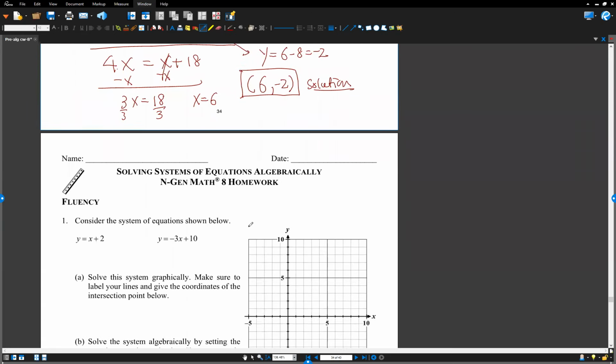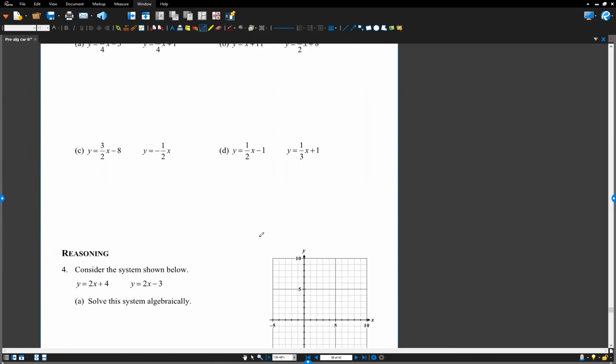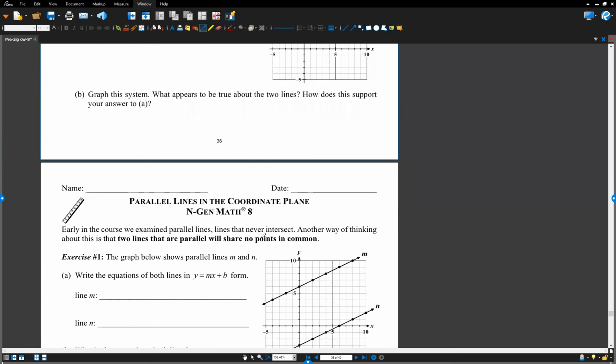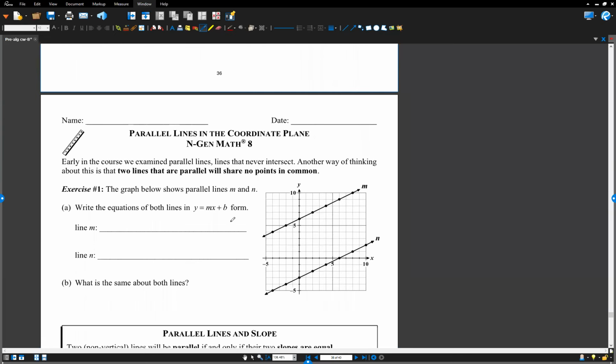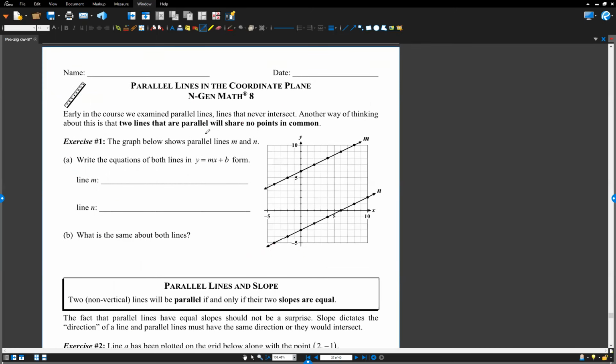Okay, this one, I'm going to jump, same questions. The next one is our last topic. When the lines are parallel, there is no more intersection. This is no solutions. We did this already, okay?